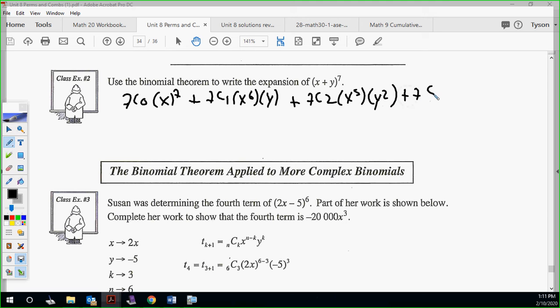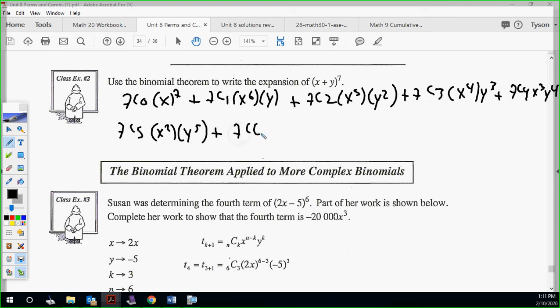I'm going to have to wrap it around here. x^4, y^3, 7c4, x^3, y^4, 7c5, x^2, y^5, plus 7c6, x^1, y^6, and 7c7, just a y^7. Okay. So we just wrote out the entire expansion for that one just for practice.